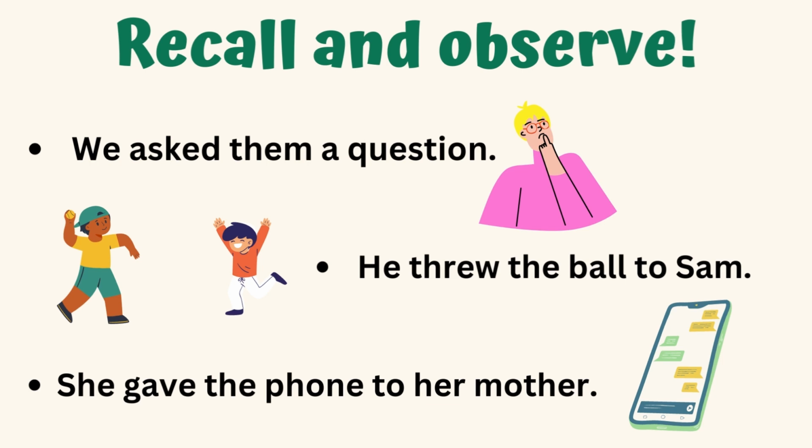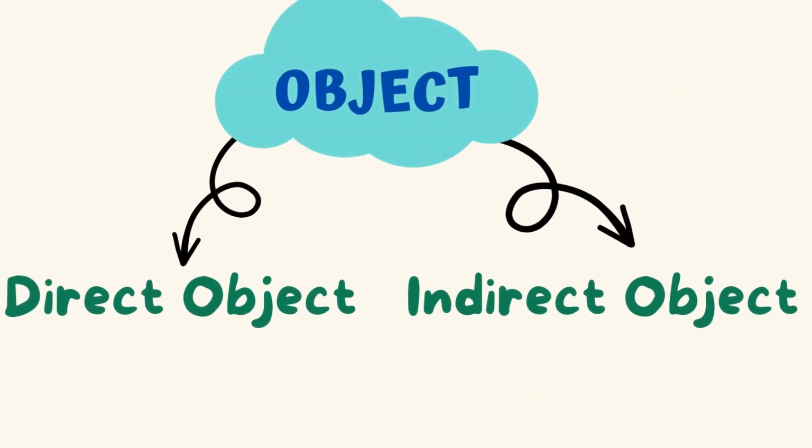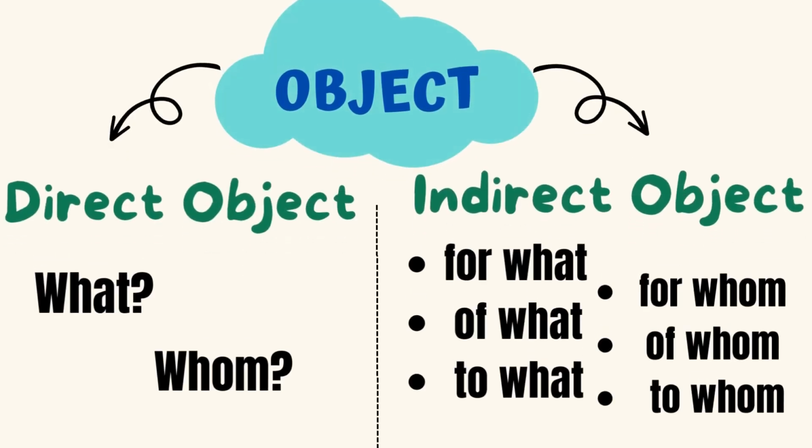So this is very simple. Let me break it down for you. We have direct and indirect objects in these sentences. So this is the key to identify the direct or indirect object. If you simply have the answer of what and whom, you have a direct object.